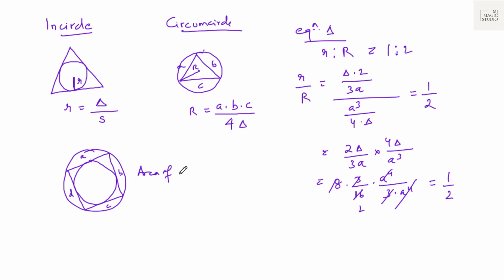Then in that case, the area of that quadrilateral is given by simply root over A, B, C, D, the product of all the 4 sides. This is the beautiful Brahmagupta's identity which you can use if you have been given a quadrilateral which can be both encircled and circumcircled. Then the area of that quadrilateral is the square root of the product of all the 4 sides.